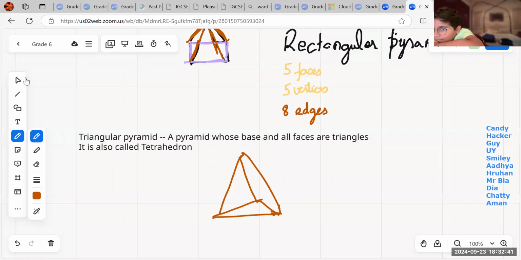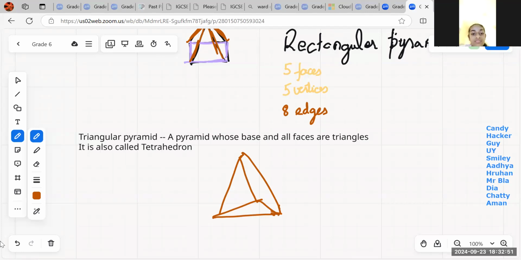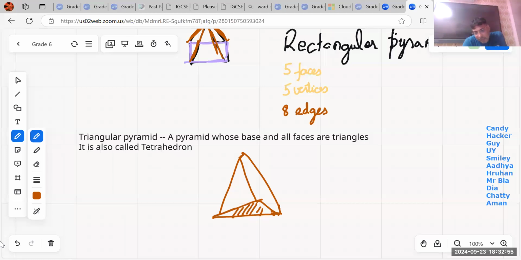First of all, let's start with the faces. Who gave the wrong answer? Hacker. How many faces are there? So 4. Very good. One at the bottom and with every edge one face. So we have 4 faces.